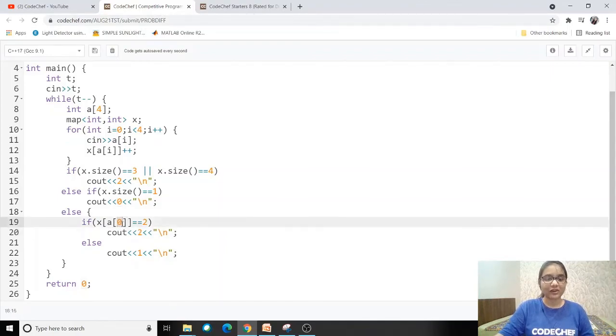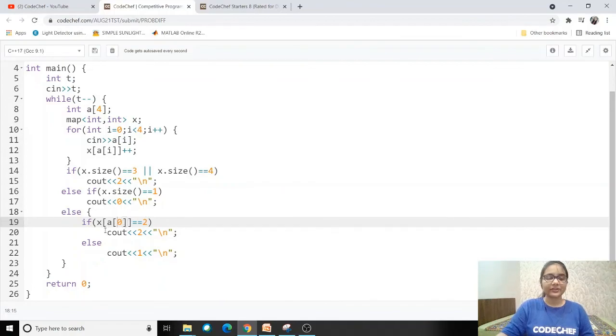You can check for 0 or for 1. It doesn't matter, because if one difficulty level has 2 problems, then the other will also have 2, since in the else part we already know that in total there are only 2 difficulty levels.